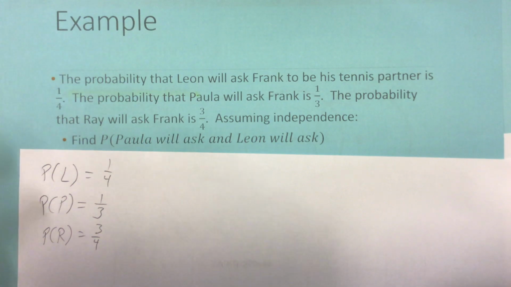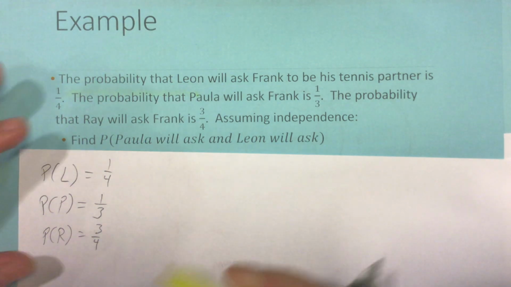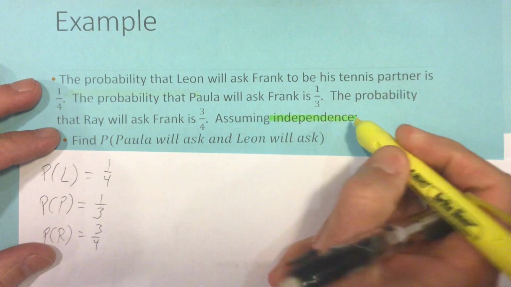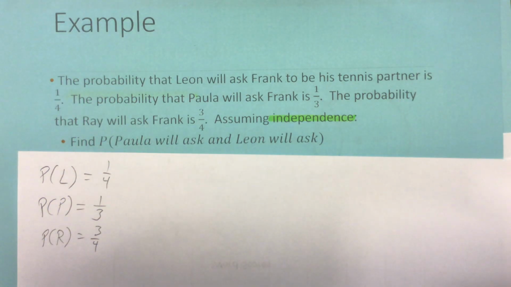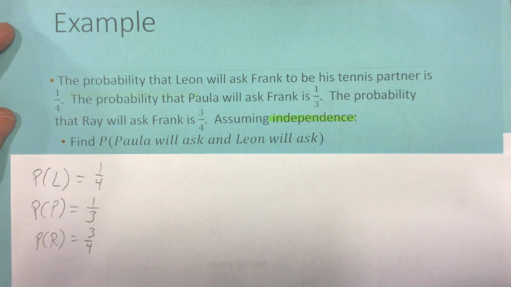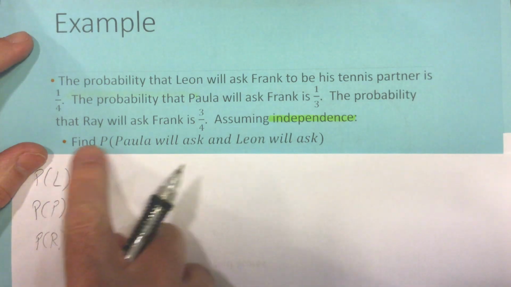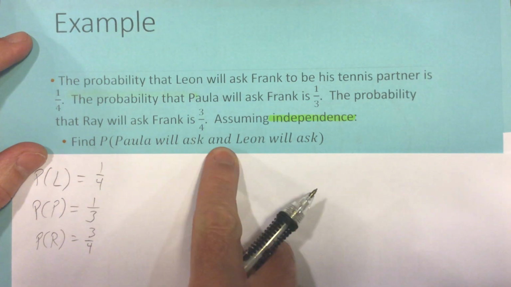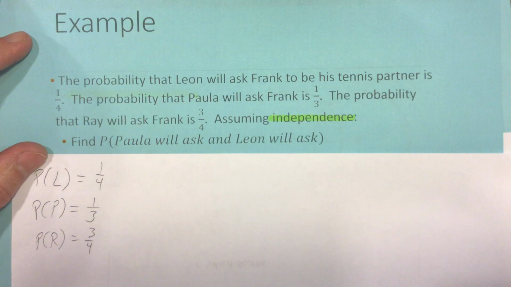Now really important. This problem is stating, let's assume there's independence. It's probably a poor assumption. These people probably are friends and talk to each other, and they would already say, oh yeah, Frank agreed to be my tennis partner, and so then that would end it. But we're pretending that it is independent. All right, so here's our question. What's the probability Paula will ask and Leon will ask?